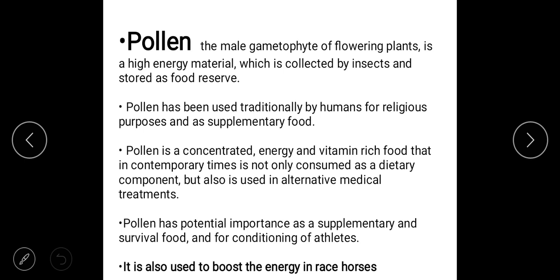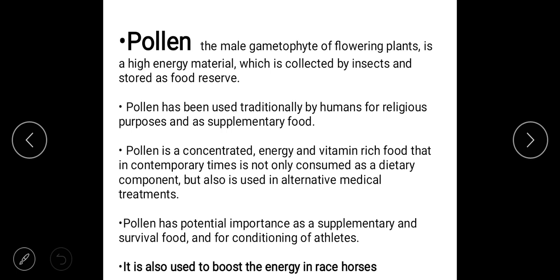Finally, we come to the role of pollen, or the economic importance of pollen. Till now, we know that pollen helps in fertilization, which leads to the formation of the seed. Pollens are also used as food supplements as they are rich in various nutrients as well as vitamins.